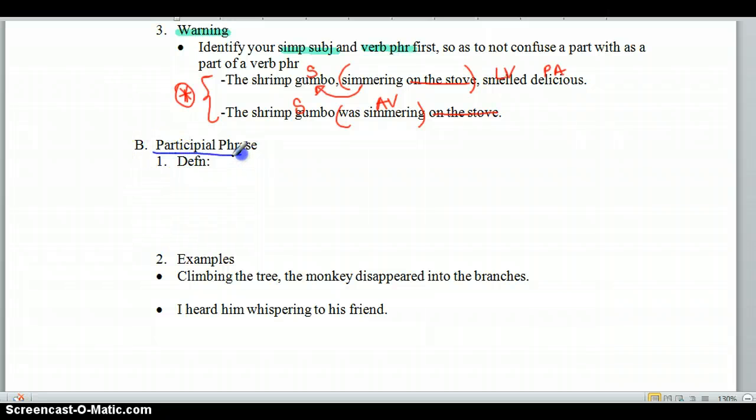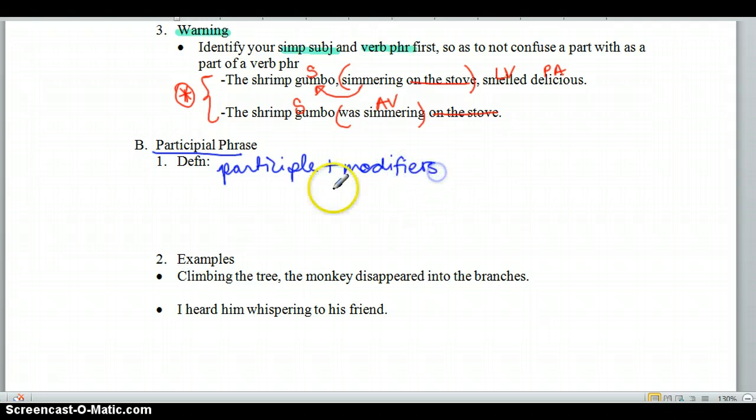So a participle phrase is really the participle plus its modifiers. What does that mean? It means there can be adverbs in there and there can be prep phrases in there, because at the heart of that expression, the participle is a verb.